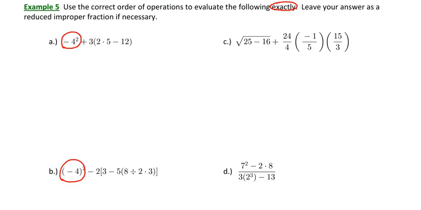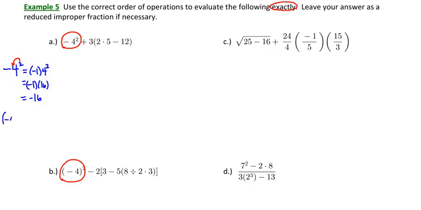If you have a negative that's not included in parentheses with an exponent, then it's important to realize that that exponent only governs the base that's immediately to its left. So we could really think of this problem as -1 times 4 squared. That is -1 times 16 or -16.